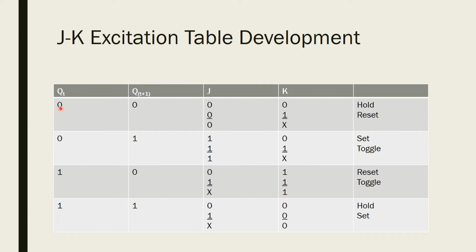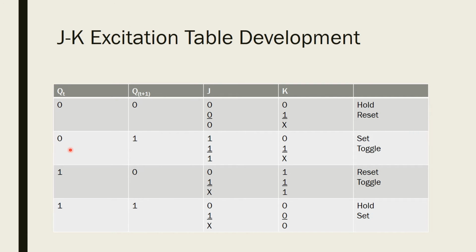To go from a present state of 0 to a next state of 0, two operations can be performed: hold and reset. Hold is performed when J and K are both equal to 0. Reset is performed when J is equal to 0 and K is equal to 1. These two are combined to give J is equal to 0 and K is equal to X or don't care.